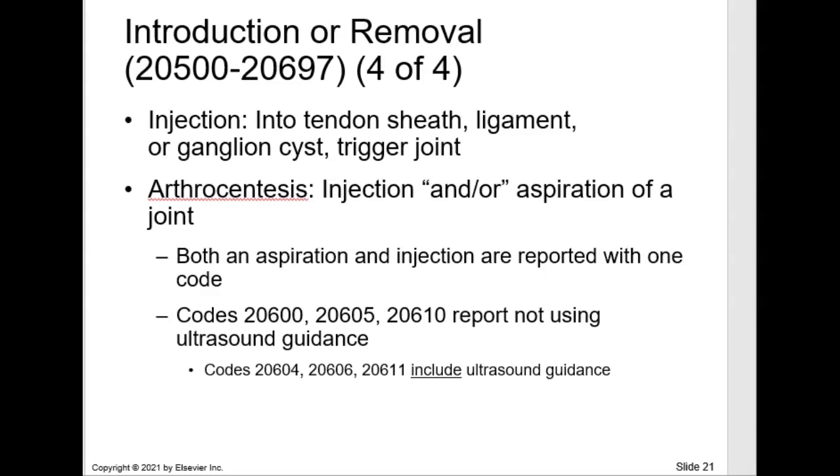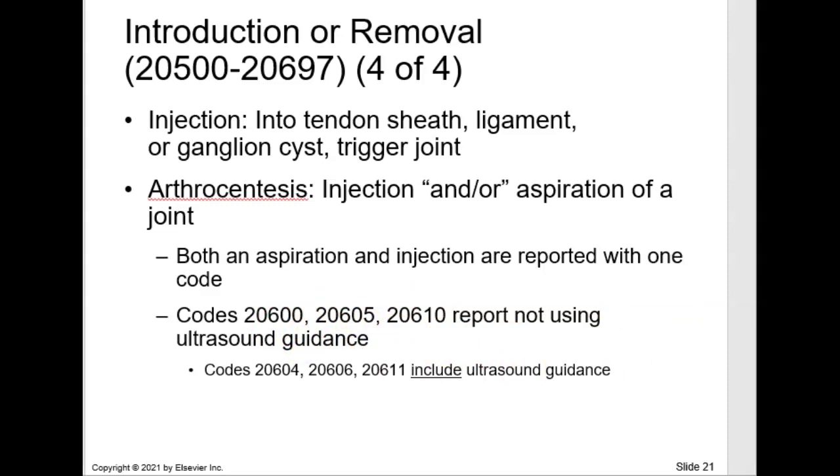Okay, so we have arthrocentesis, which is injection and or aspiration of a joint. The biggest thing here when coding is these three codes, okay? They don't use ultrasound guidance, but you need to know the difference between these, because you have minor, you have intermediate, and then you have the major.